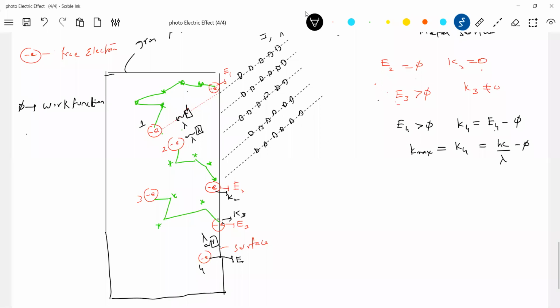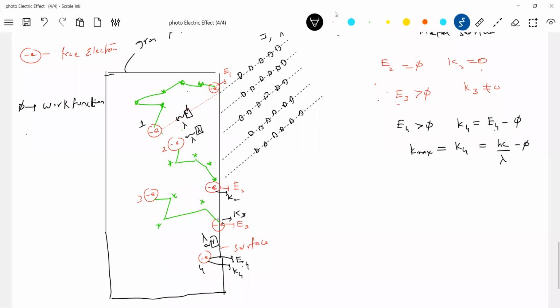The remaining will be available as kinetic energy. Now, if the photons interact with the free electrons at the surface, then the photon will give all the energy to the electron, let's assume. Then the electron comes out without encountering any collision. A part of the energy it will utilize to overcome the work function. The remaining will be available as the kinetic energy, and this kinetic energy will be the maximum.